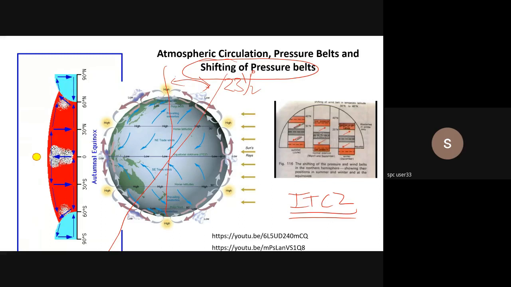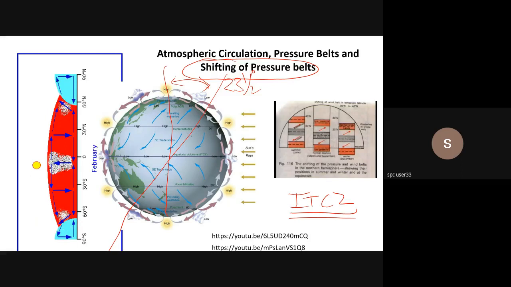It pushes the other belts to make them larger and smaller. Actually, it's only the polar cells which grow or shrink. Otherwise, the Ferrel cell and the Hadley cells in the respective hemispheres don't shrink or increase; approximately, they stay the same size.